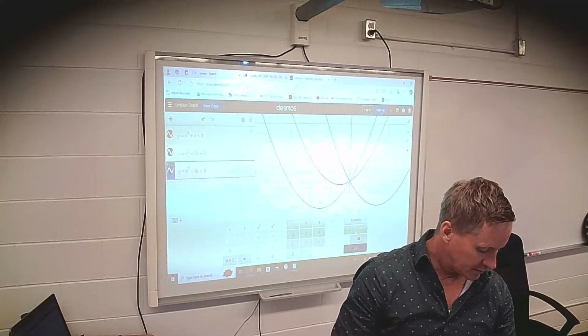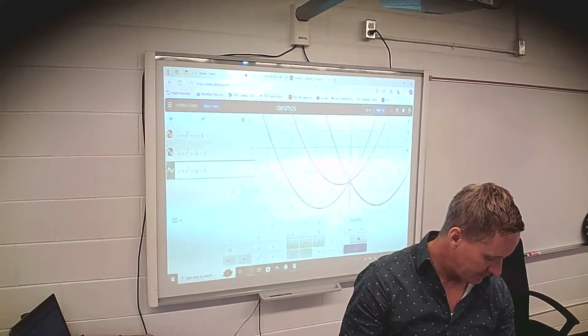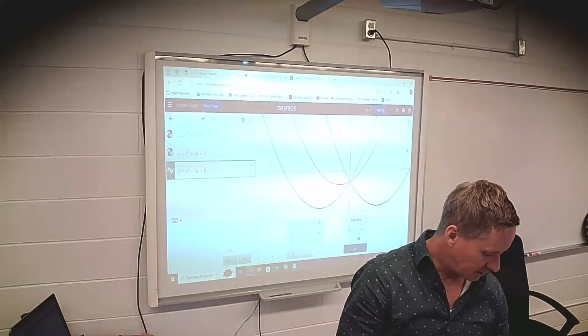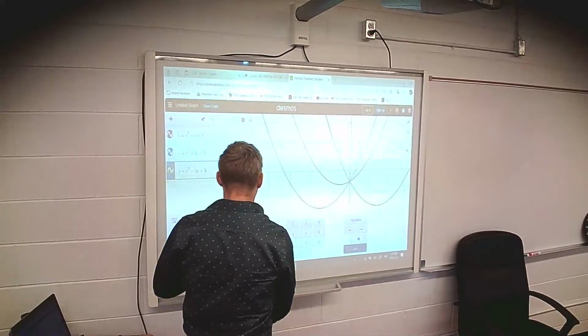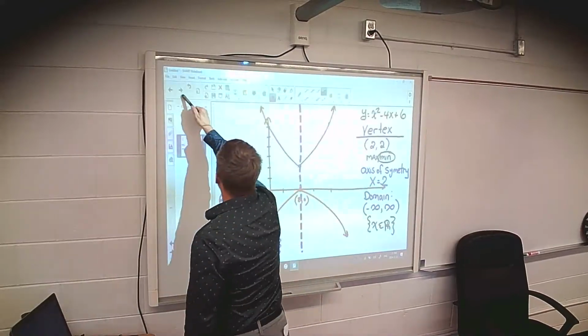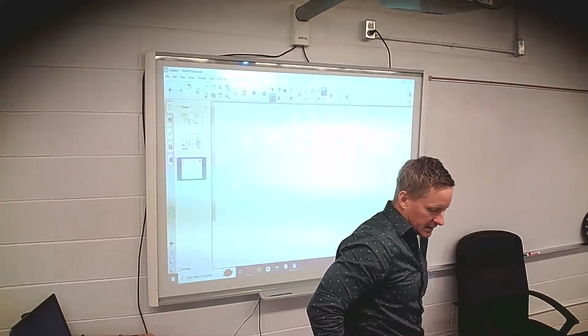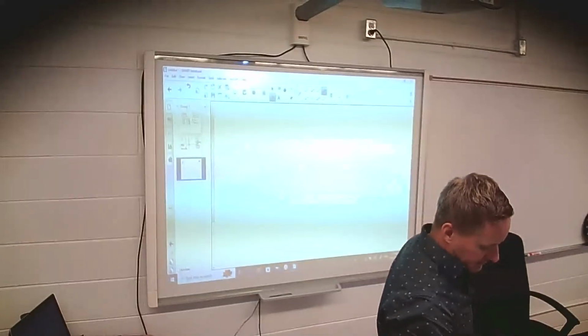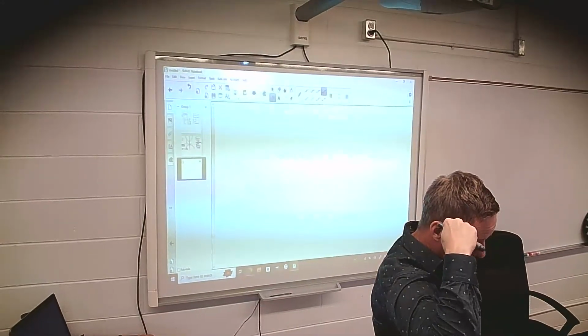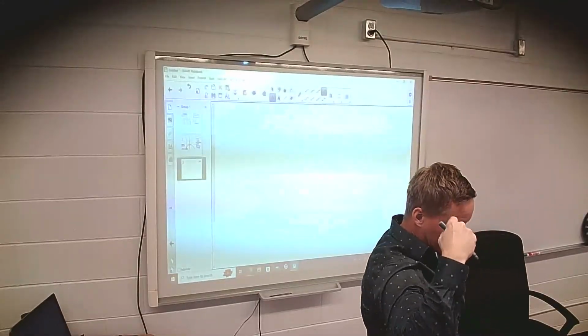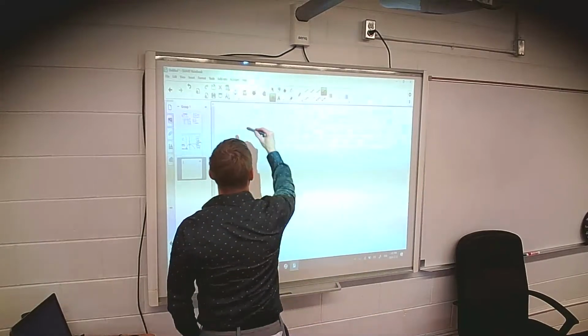7.2 goes through everything I've done already. Let's go to the example on 7.2. It says determine the y-intercept, any x-intercepts, the equation of the axis of symmetry, the coordinates of the vertex, and the domain and range of the function. Okay, f of x equals.